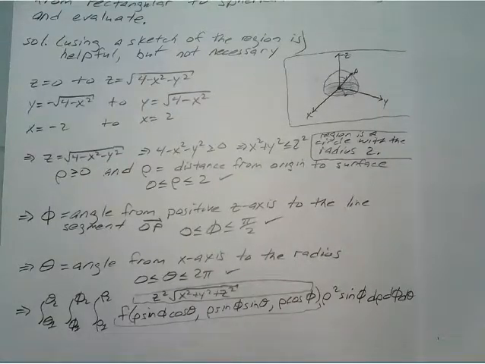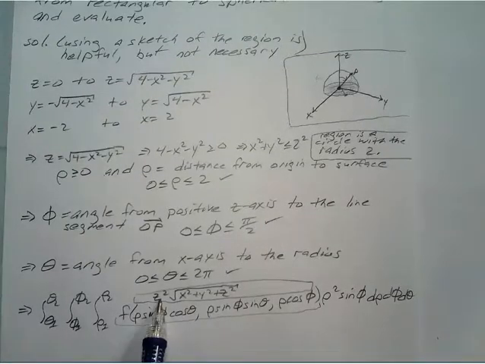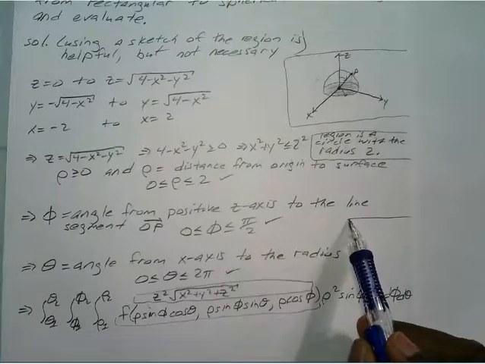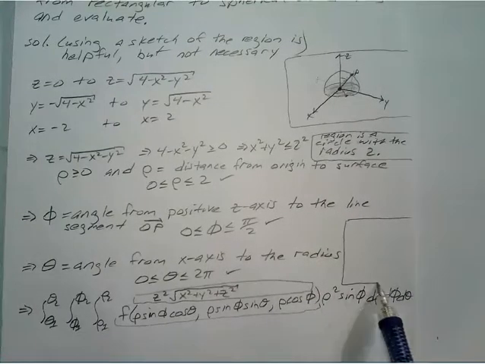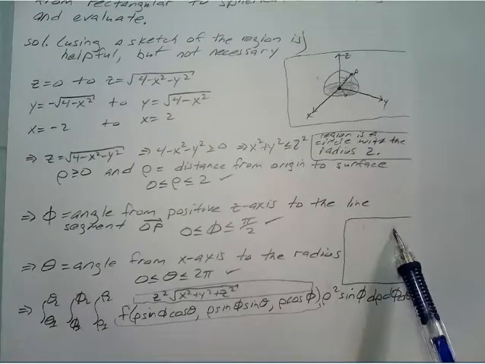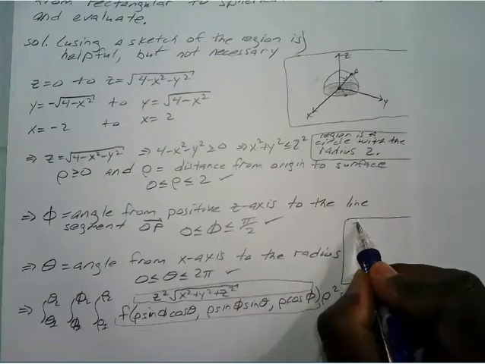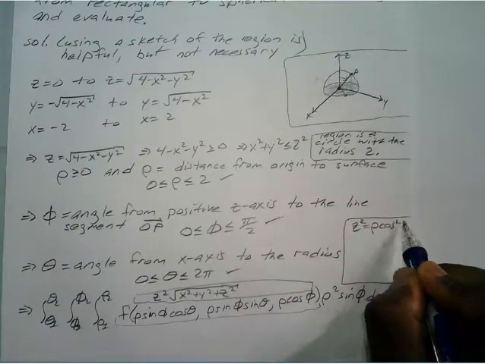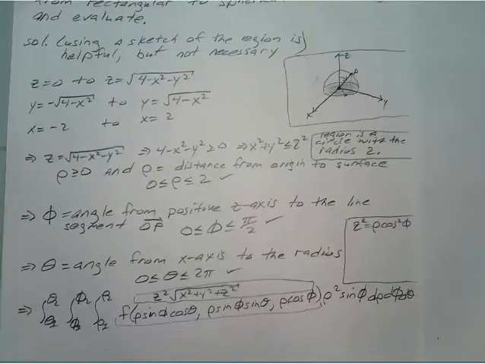So now we have to convert this. How do we do that? Well, we know that two things are for sure. We know that z is equal to rho times cosine of phi. That means z squared will be equal to rho squared times cosine squared of phi.